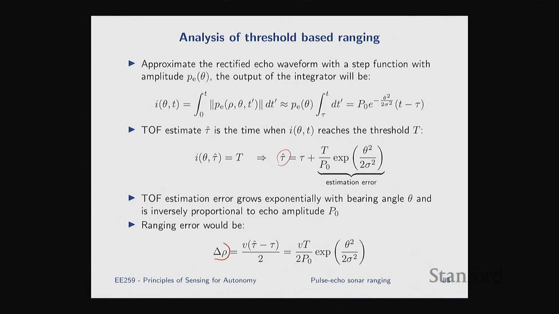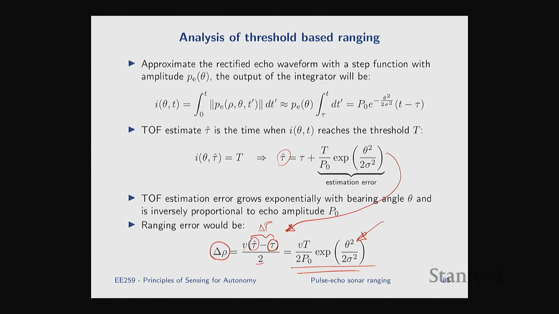So delta rho is the error that you make in ranging, and that would be speed of sound times delta tau, your estimate of the round trip time of flight minus the actual time of flight, divided by 2, and then we plug in our expression for tau hat. This is what we get. So the range error in meters is given by this expression. The theta dependency is the same. It depends on e to the theta squared over 2 sigma squared.